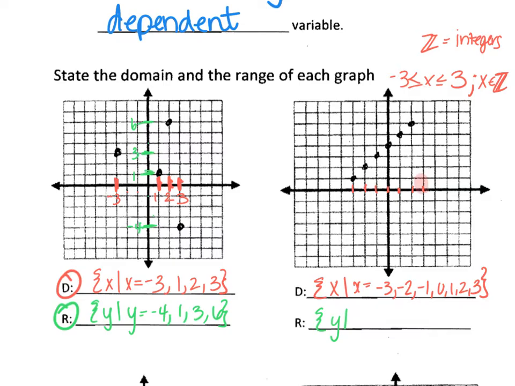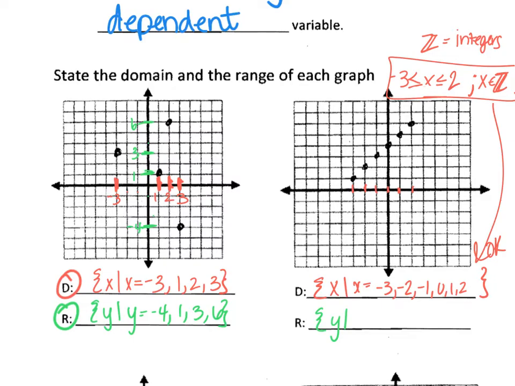I saw an extra point out here, didn't I? So this should be 2. You do not have to write it like this. You do not have to really understand that. But if you see this in the solutions, know that this is okay to just list them out. Okay.